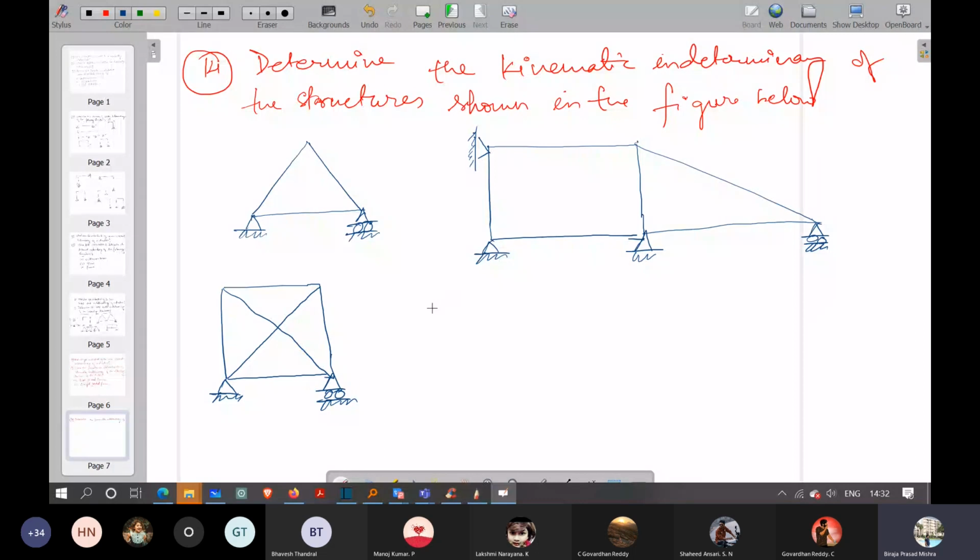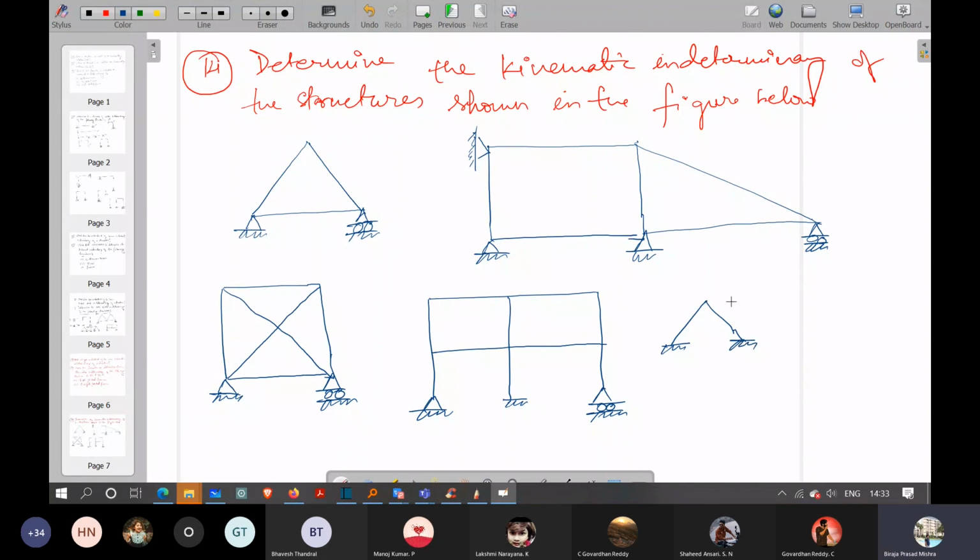Next structure can be like this. Another structure can be like this. Another structure can be like this.